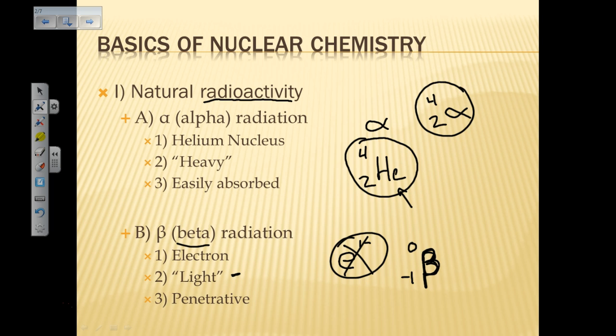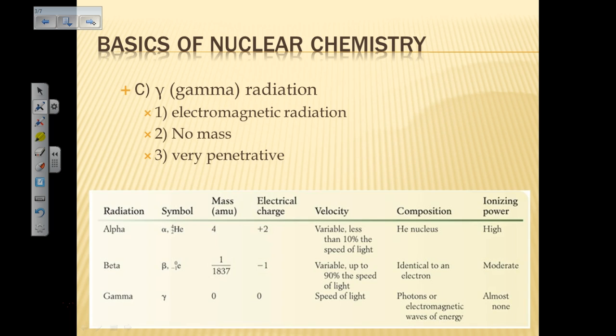Okay, and electrons can penetrate. Because they're higher energy and lighter, they're able to penetrate thicker pieces of material. The last type of nuclear radioactivity is gamma radiation, and this is electromagnetic radiation.